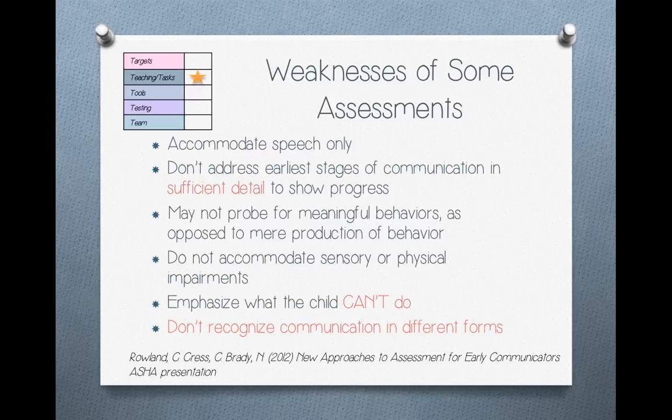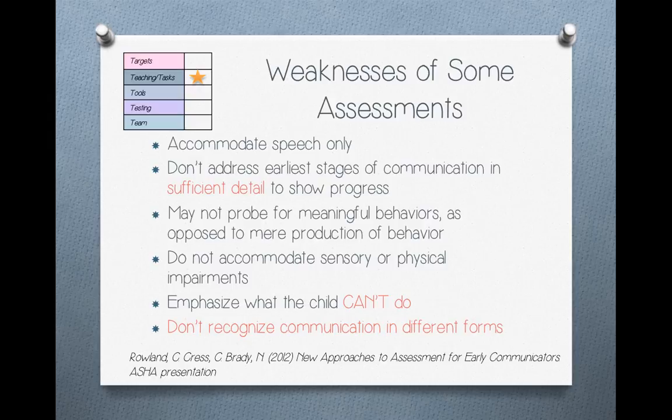I created a very similar list before I found that previous one, so I piggybacked on that and highlighted a couple of the ones that I really think have the strongest impact on the quality of assessments that I see.